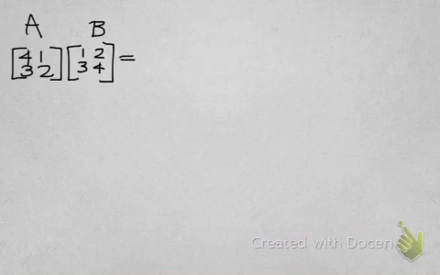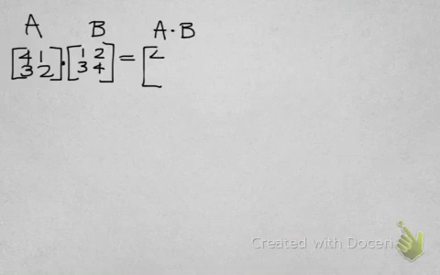So first of all, we're going to show that matrix multiplication is not commutative. So I'm going to take matrix A and multiply it by matrix B. We'll start out with the first row, first column. So 4 times 1 plus 1 times 3. On the first row, second column, 4 times 2 plus 1 times 4.